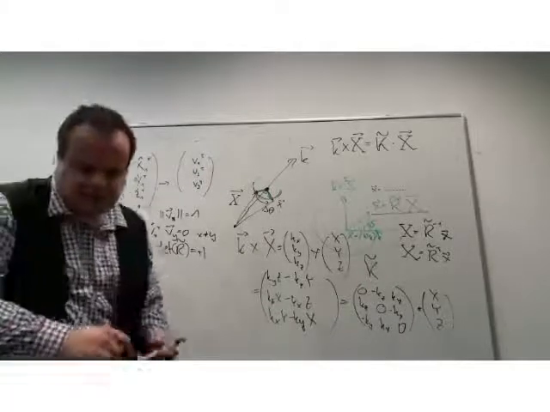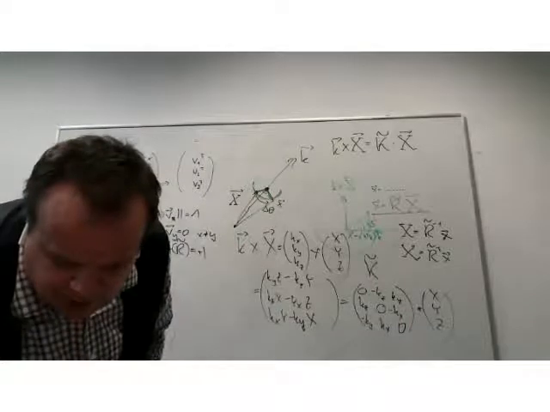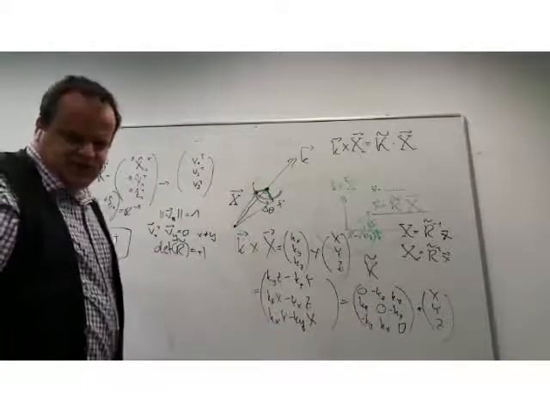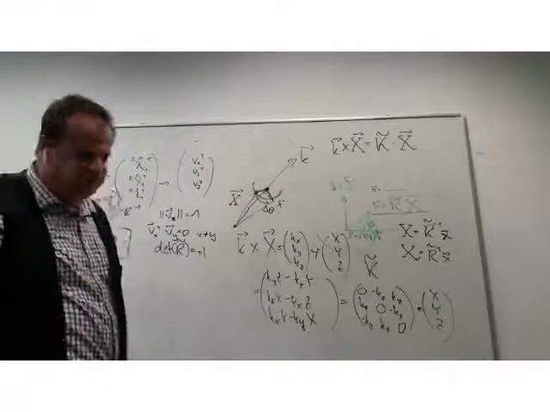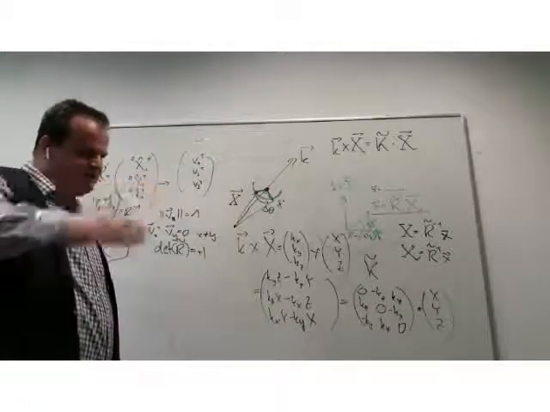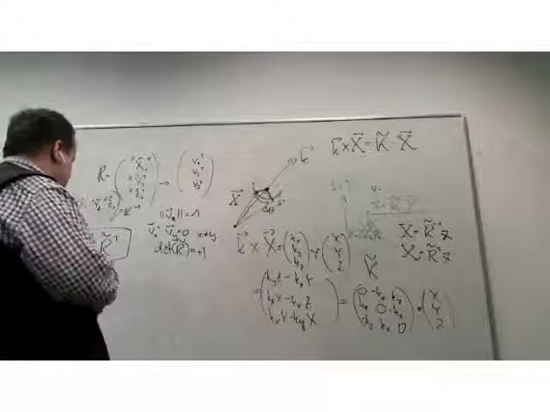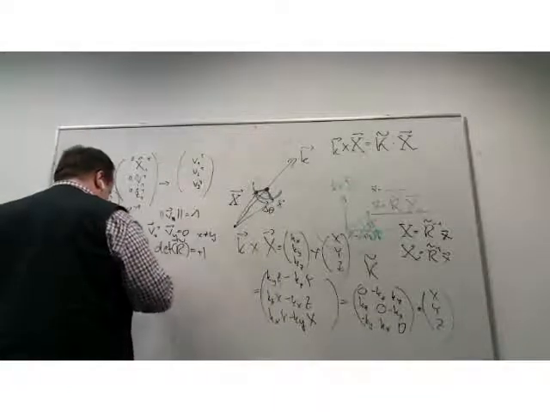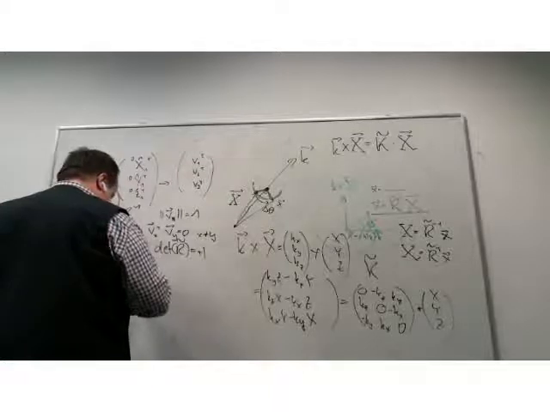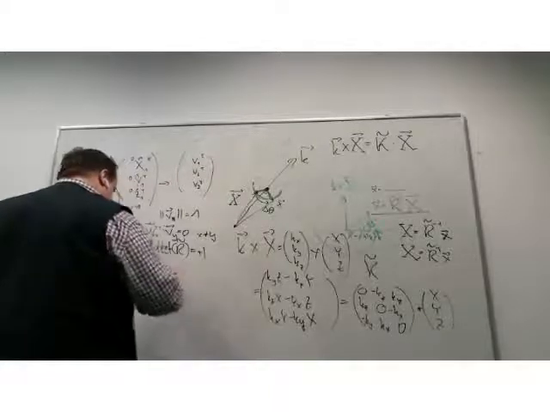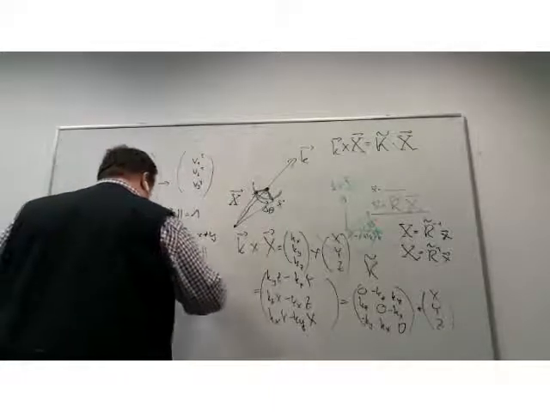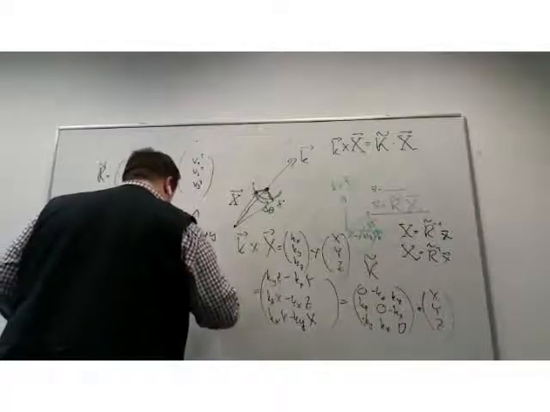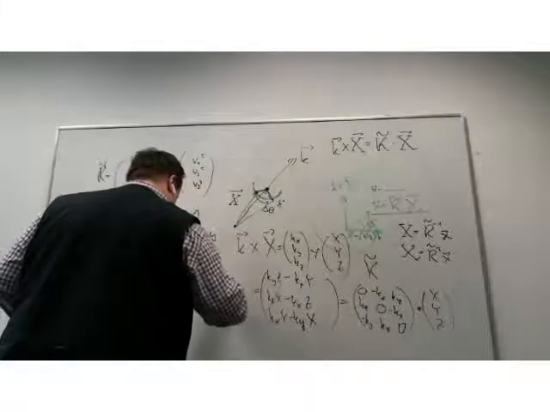Now, if you look at this expression here, R minus R transpose, what's happening here is I am subtracting from a matrix A, B, C, D, E, F, G, H, I, the transposed matrix.